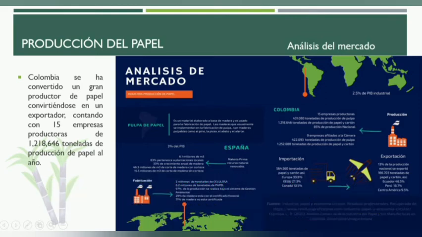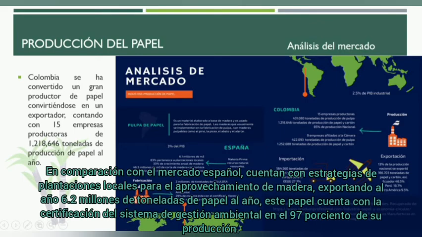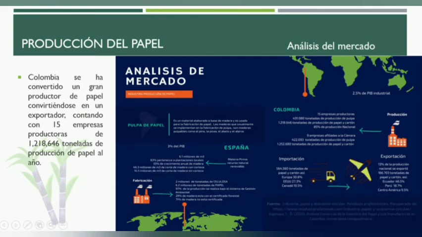Compared to the Spanish market, they have strategies of local plantation for the use of wood, exporting 6 million tonnes of paper and board. This paper has been certified by the Environmental Management System in 97% of their production.